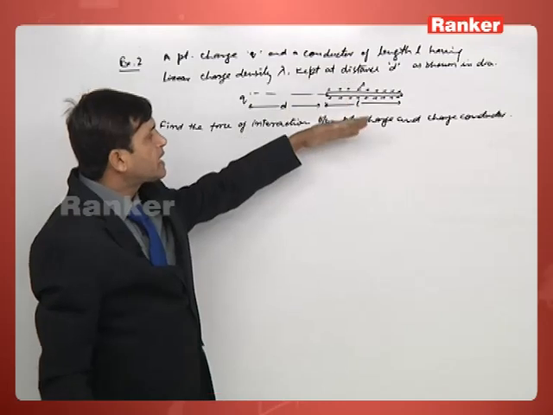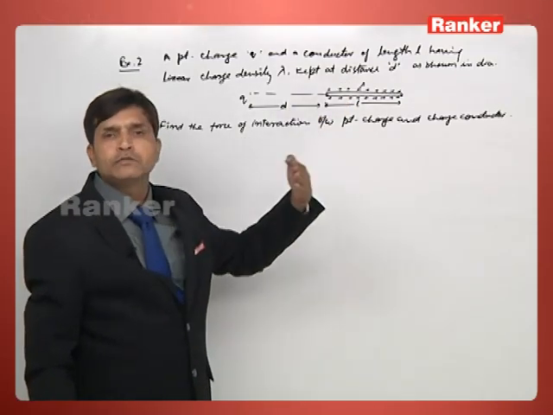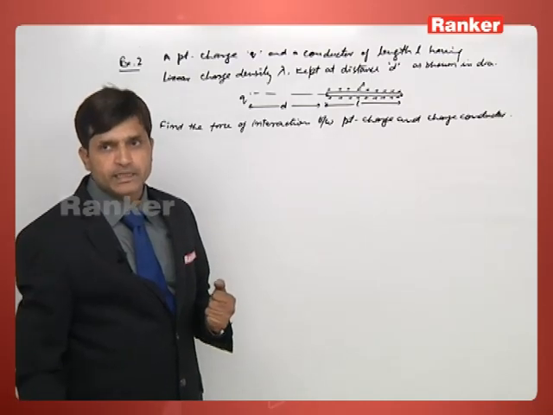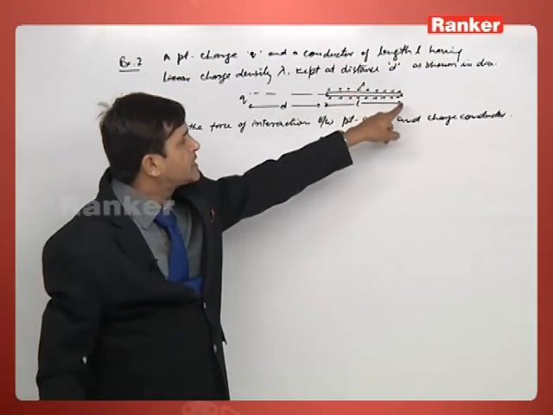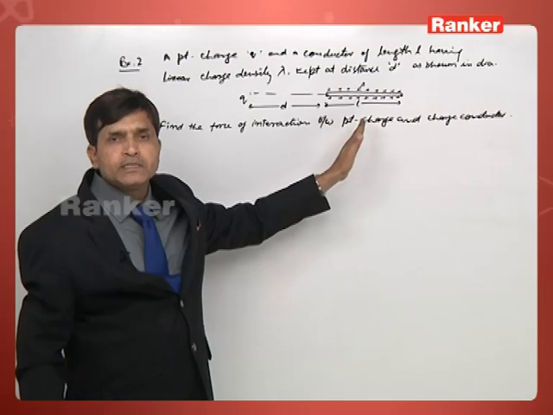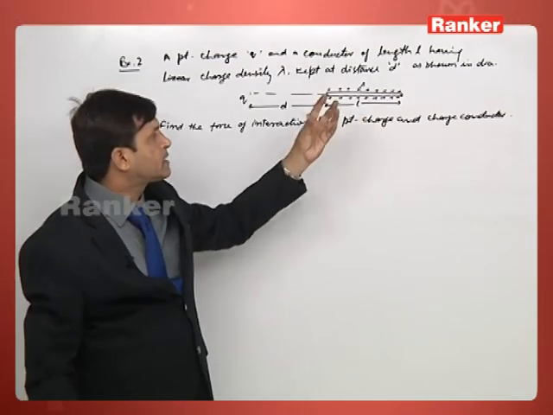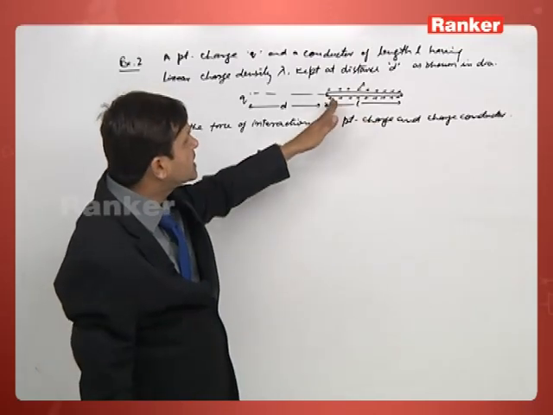So actually we are applying Coulomb's law for a point charge, and simultaneously we are using the principle of superposition. Although this is not a point charge, any object can be said to be a combination or collection of points or particles. Same thing here also.